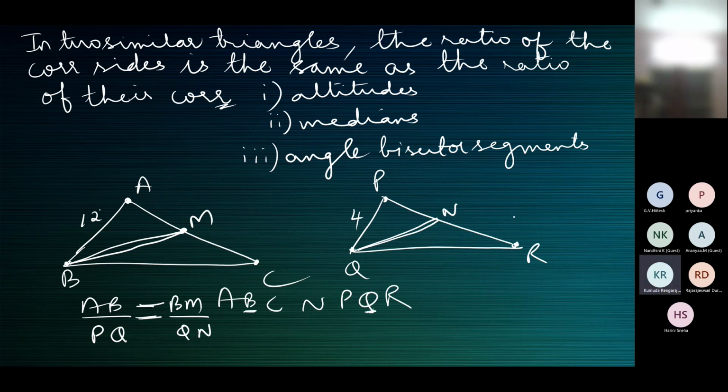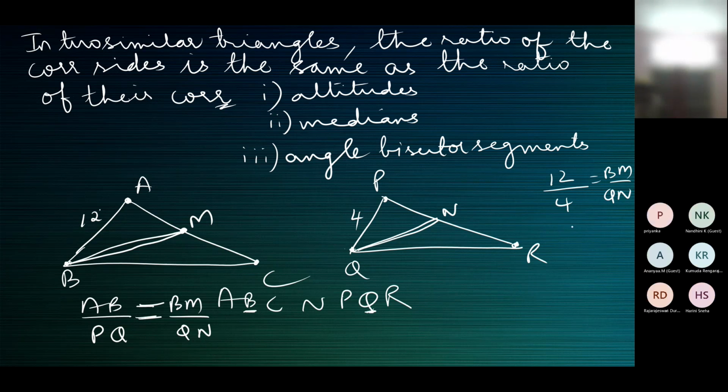So how much is AB by PQ? 12 by 4 is equal to BM by QN. So the ratio is 3:1. So the ratio of the corresponding sides is 3:1.